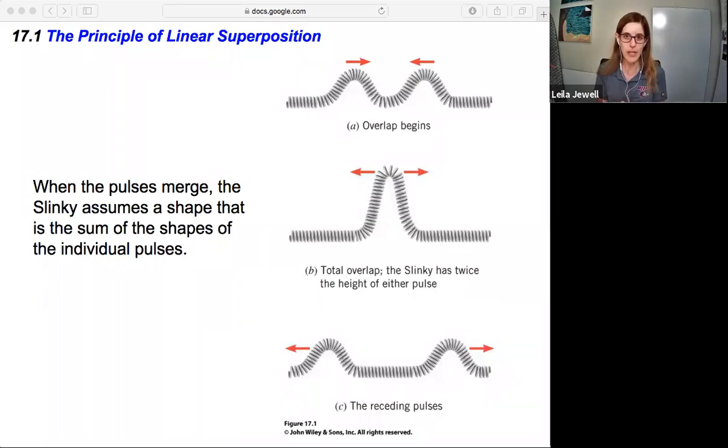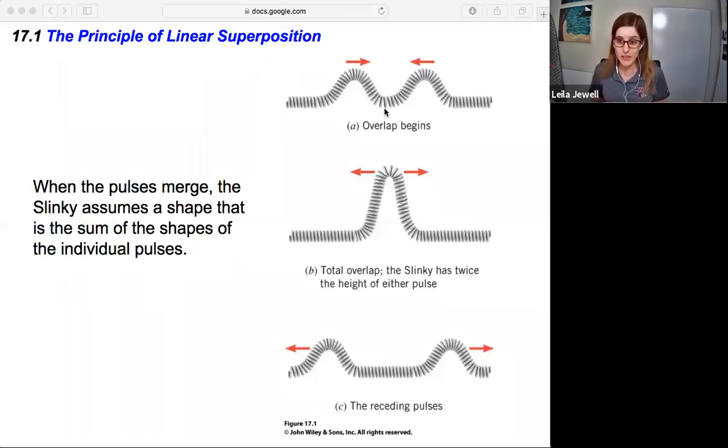And for this, we can imagine having a slinky where we're sending pulses along it, or the wave on a string simulation is another great illustration of this. If you have one pulse moving rightward here, and another pulse moving to the left, and they both are pulses upward like this, then when they meet in the middle, there's a brief point where they overlap and it becomes twice as big.